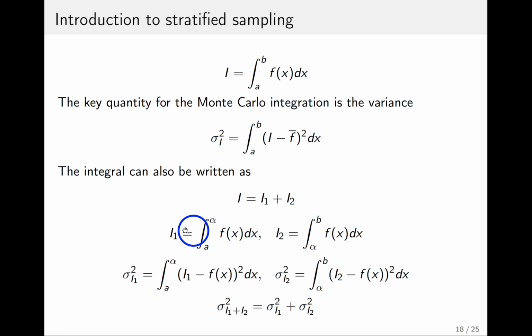Then we Monte Carlo this integral independently and that integral independently. The final answer for the full integral is the sum of the 2 estimates in the 2 subregions. We can also estimate errors and add them together in quadrature to give us the error on the full integral.